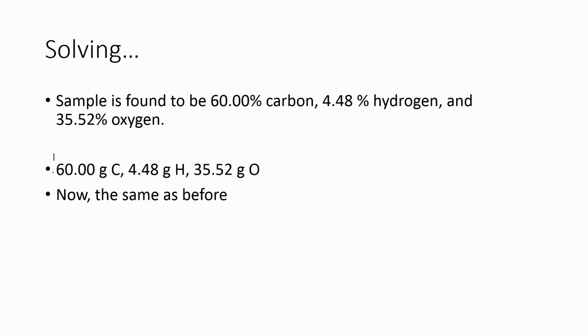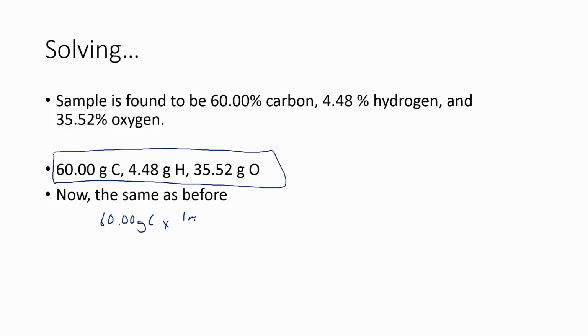So now that we've found this set of grams, we do the same thing we did before. So 60 grams of carbon, turn this into moles. That's our first step. And 4.48 grams of hydrogen will be turned into moles of hydrogen.